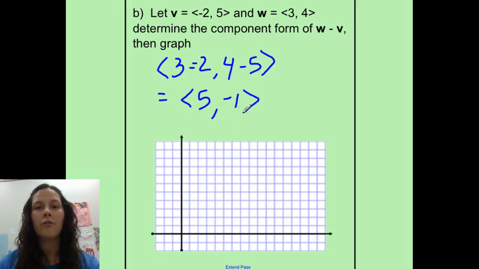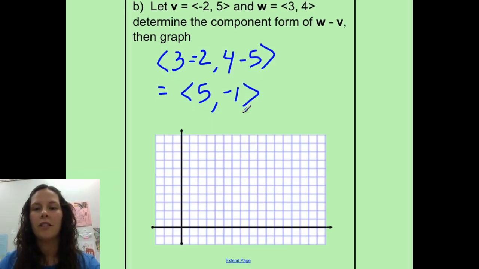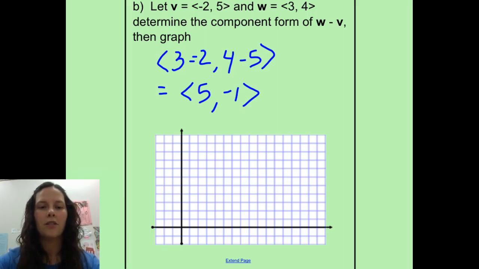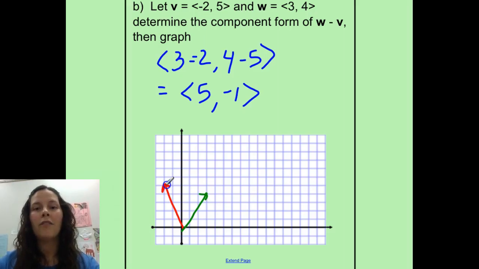I'm going to sketch all 3 vectors for you so you can see how they relate to one another. So we'll do our v vector in red. -2, 5 is that same vector we started with on the first one. The w vector I'll sketch in green, 3, 4. I'm going to graph w minus v using these 2 vectors as opposed to standard form.